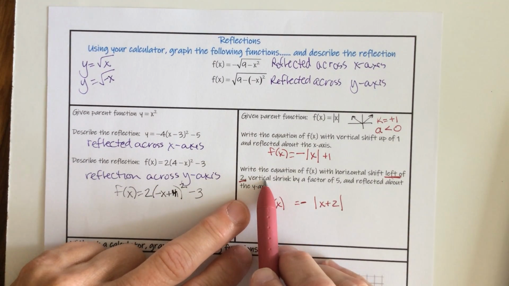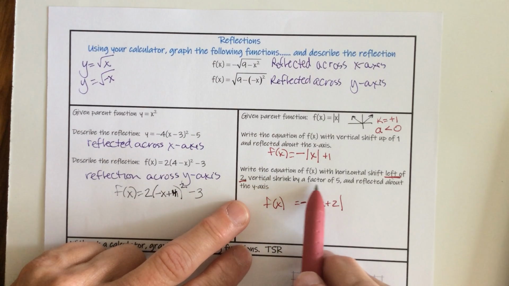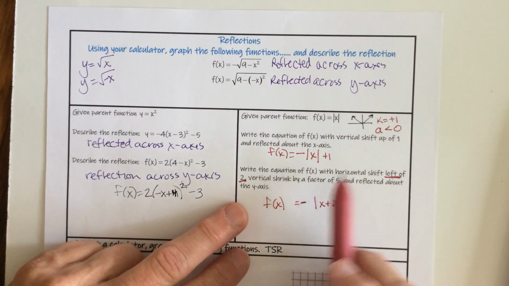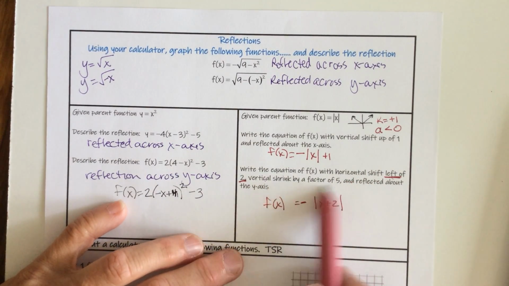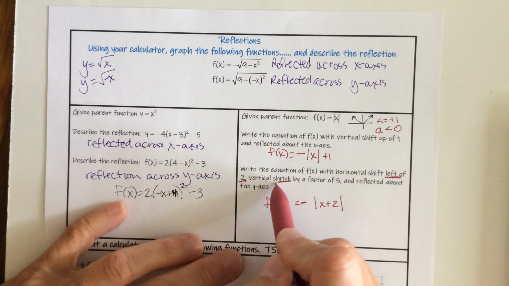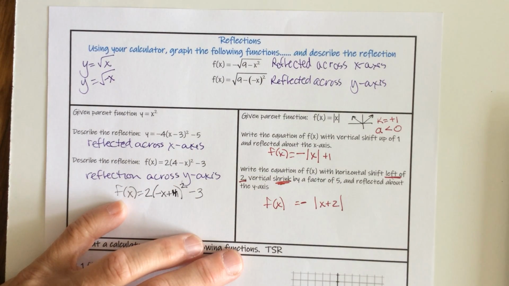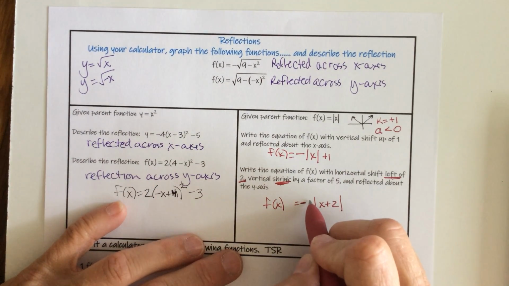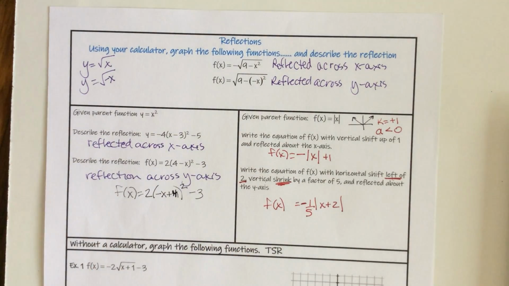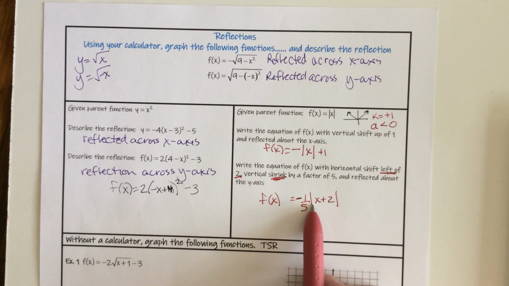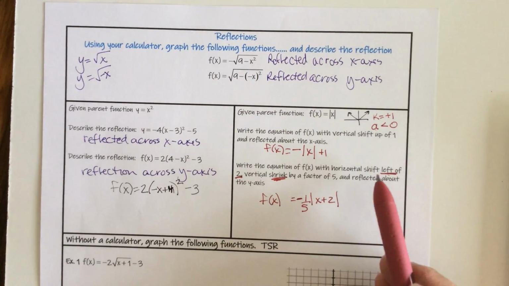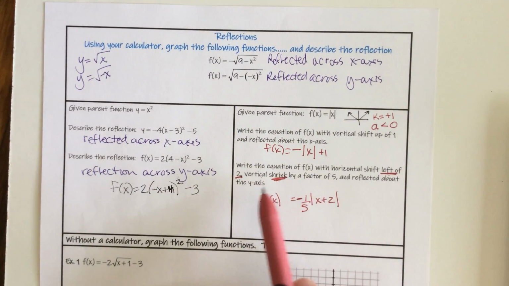And we also want a vertical shrink by a factor of 5. Don't be tricked into making a mistake here. Keyword here is shrink. So we know that the y values must get smaller. So we're going to have a 1/5 on the outside. So f of x equals negative 1/5 the absolute value of x plus 2. And is that all the things that I needed? Yes. So there's your equation.